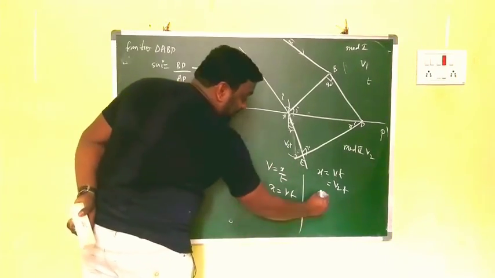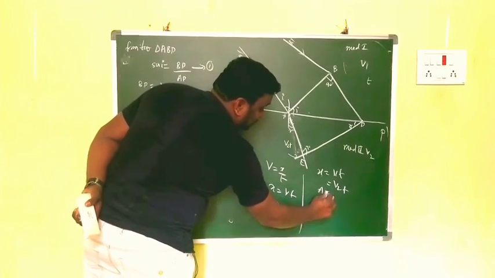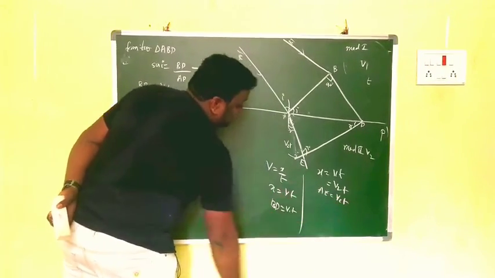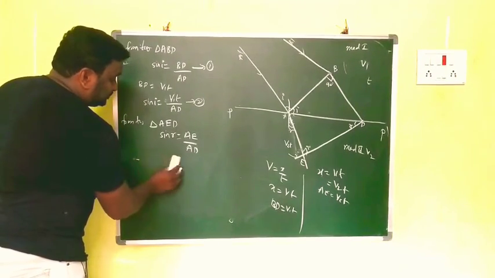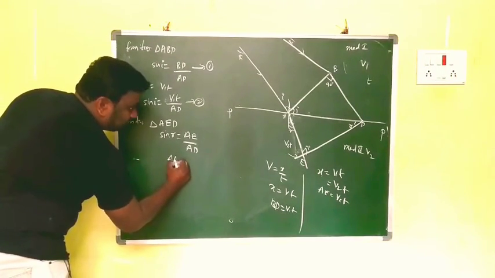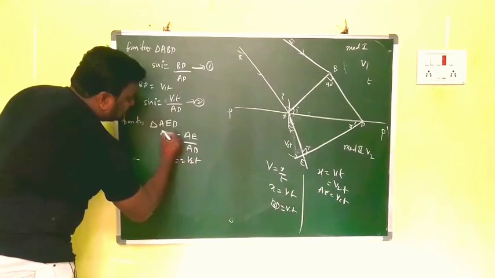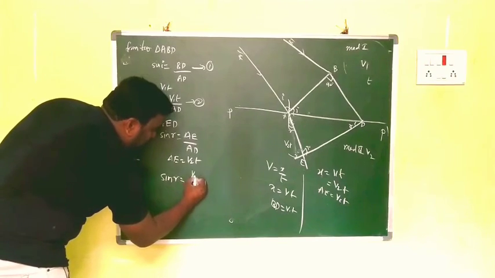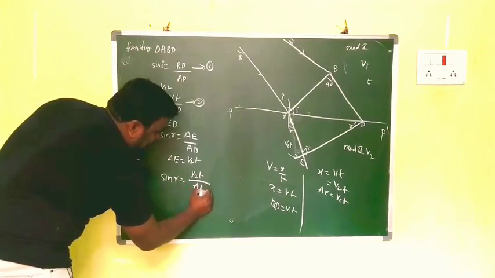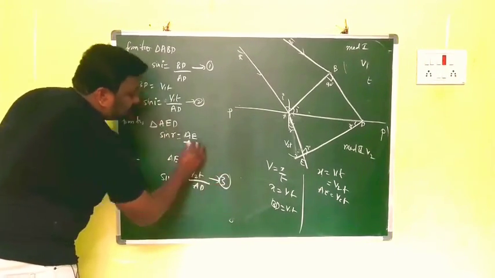That's why I am writing here AE is equal to v2 into t. Then substitute there: sin R is equal to v2 into t by AD. Now this is equation number 3.